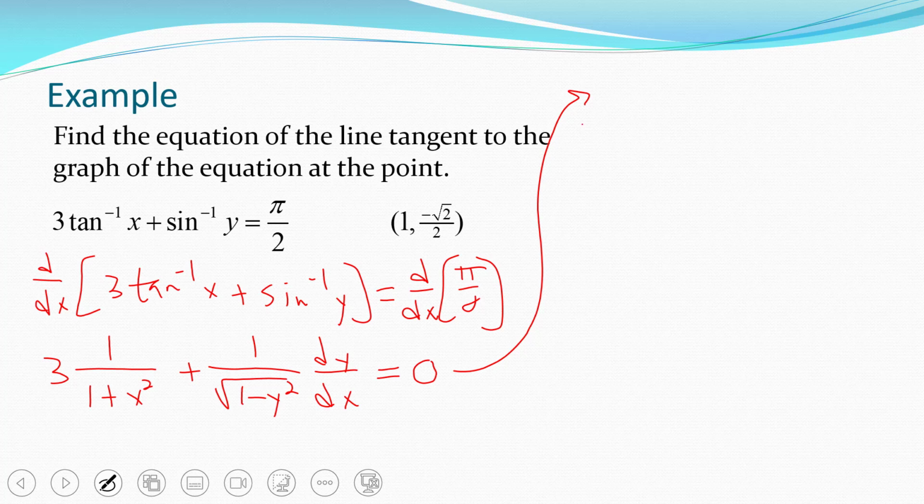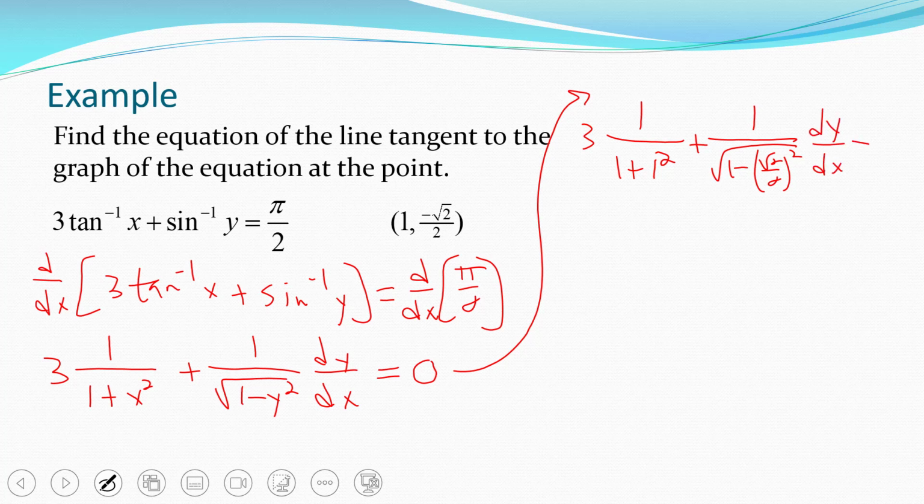So that would then give you 3 times 1 over 1 plus 1 squared. And then add to it 1 over the square root of 1 minus the square root of 2 over 2 squared. And I dropped the extra negative in there because I'm squaring it anyway. And that's times dy dx.